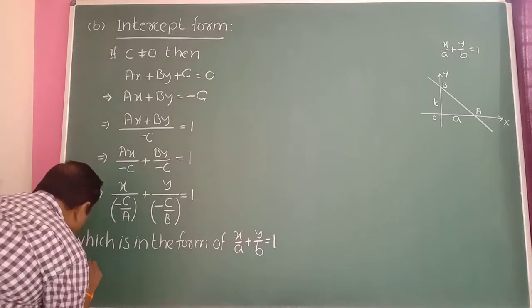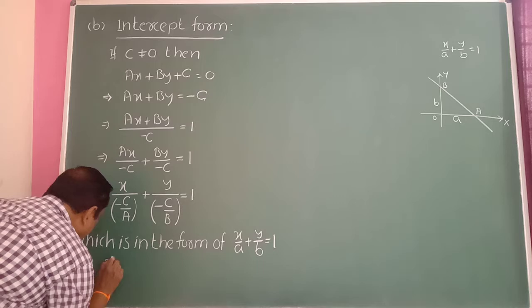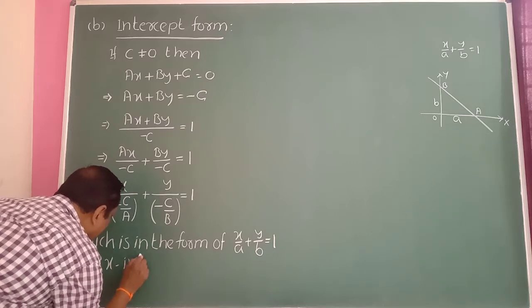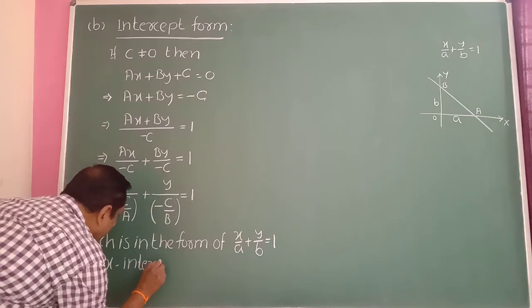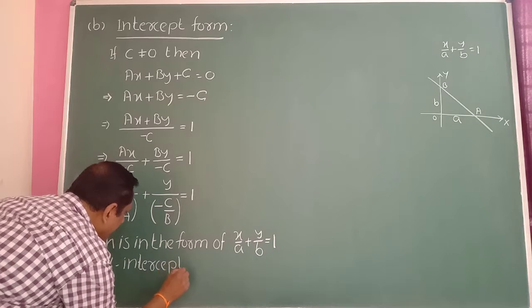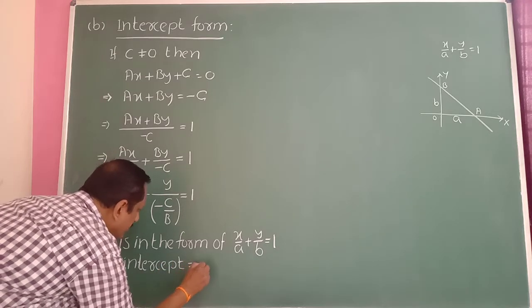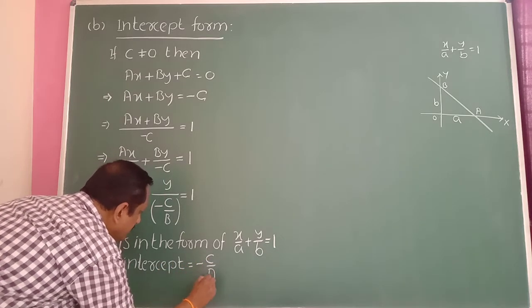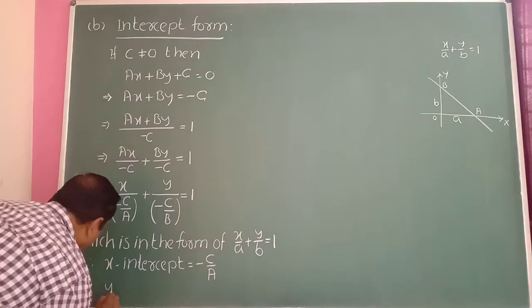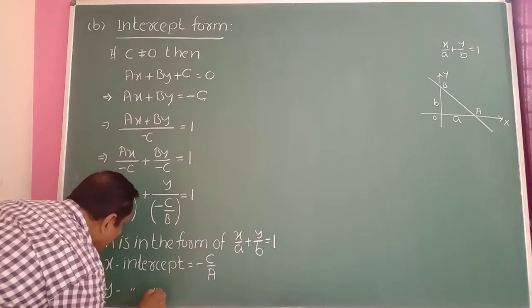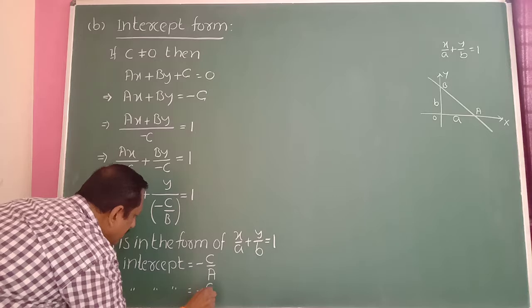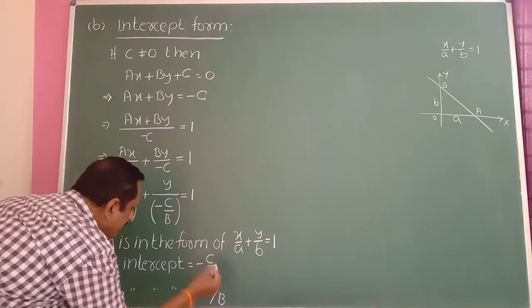Therefore, x-intercept is equal to minus of c by a. Then y-intercept is minus c divided by b.